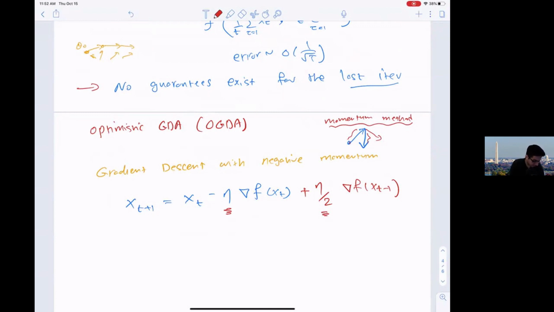So you have a smoother and more stable behavior in the convergence of your gradient descent. This was introduced, I think, in 1980 by Popov, which basically says use some of your past gradients to undo today's gradient.